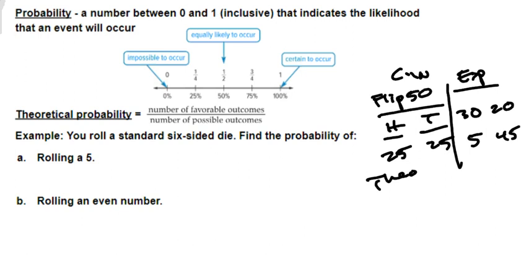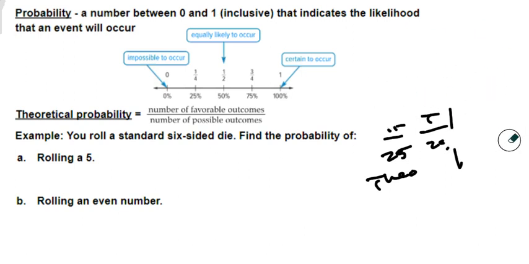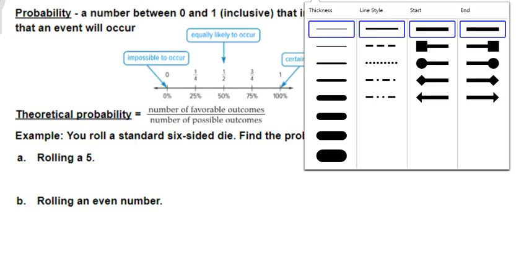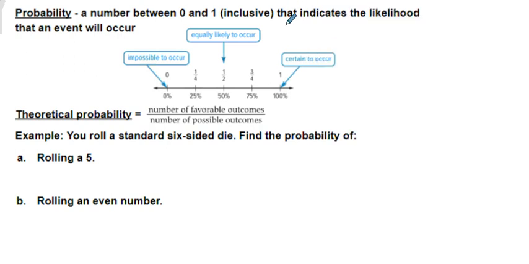And so that's what separates theoretical from experimental probability. Theoretical probability is what it looks like on paper is going to happen. Now, what actually happens is another story. That's a good way to think about it. And the more you do an experiment, the closer and closer it gets to that theoretical line.